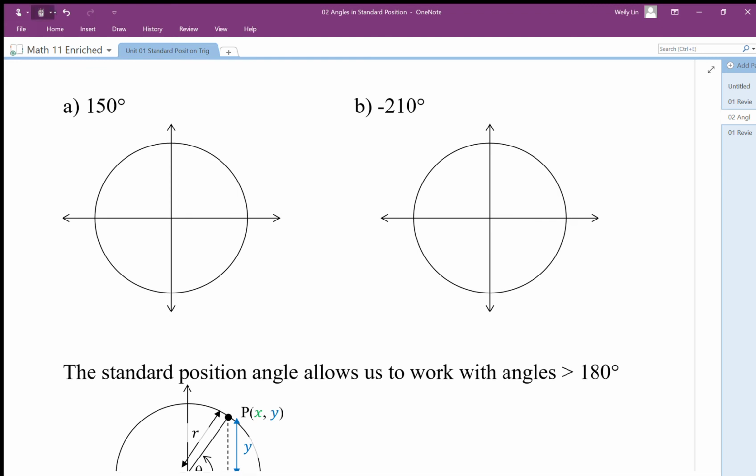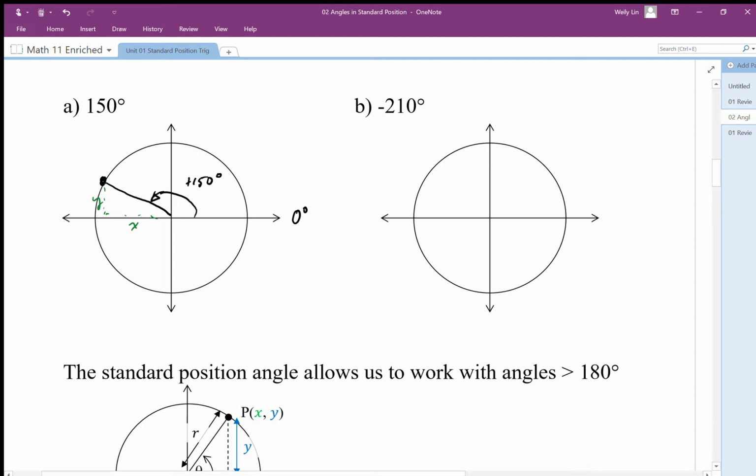So here, 150 degrees. I'm going to start again at 0 and rotate 150 degrees to somewhere about there. That position is the position that goes with the standard position angle of 150 degrees, and it has some x and y coordinate associated with it.